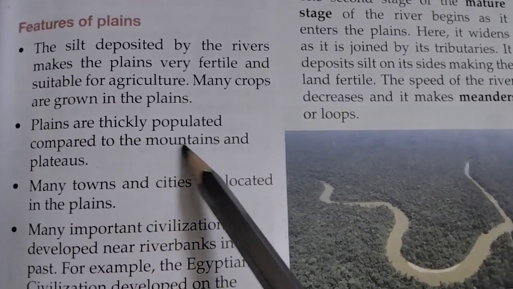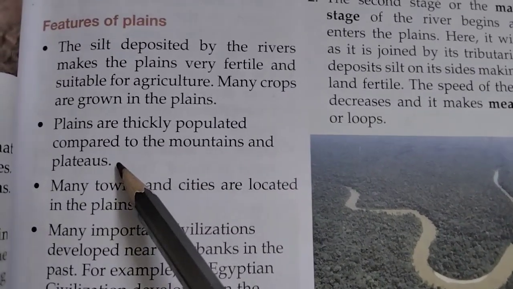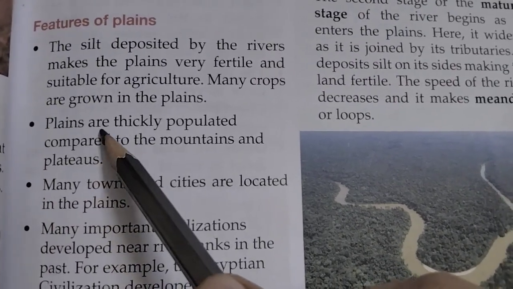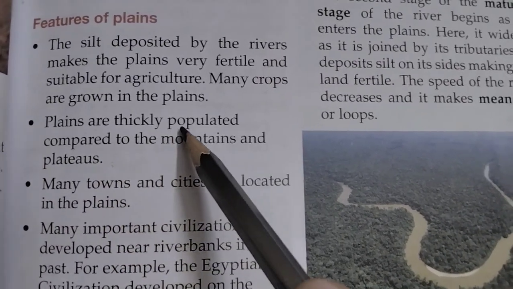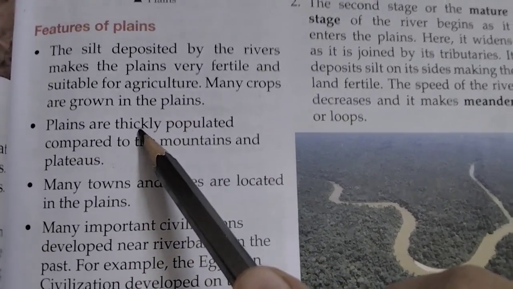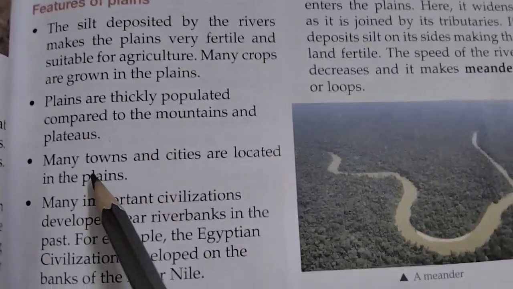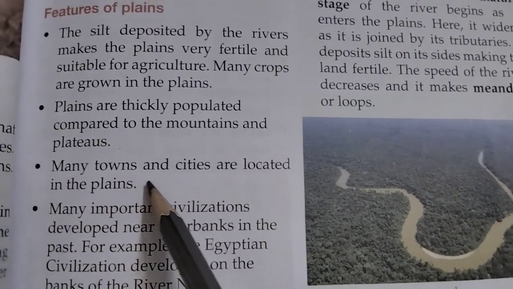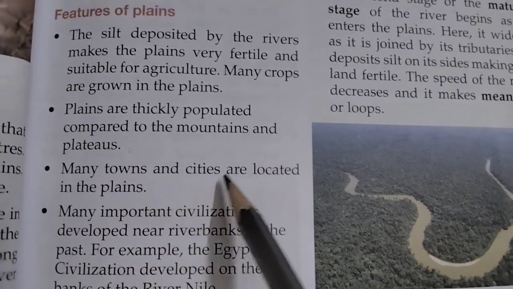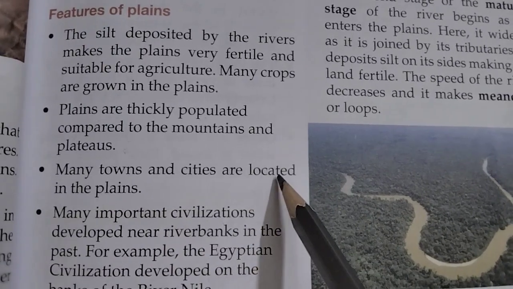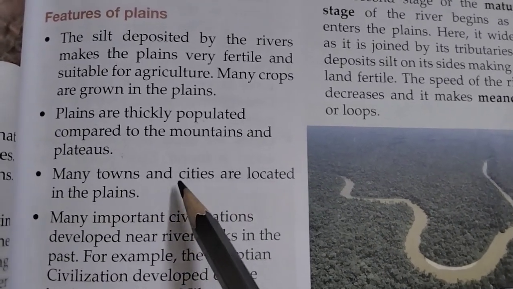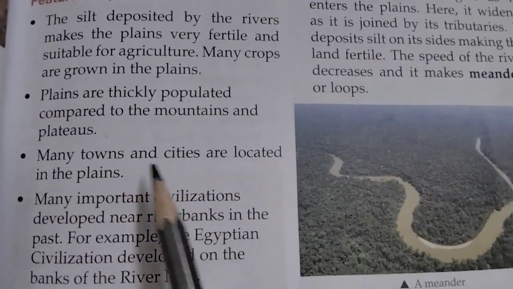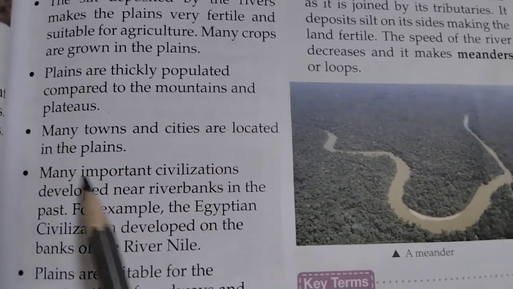As we know, in mountains and plateau areas very few people live, but in plains, because all the facilities are available, it is easy to live there, so it is thickly populated. Many towns and cities are located in the plains because transportation and other facilities are easily available.